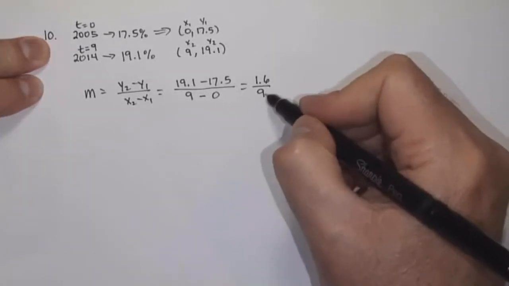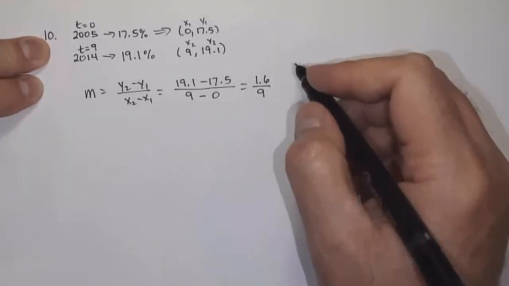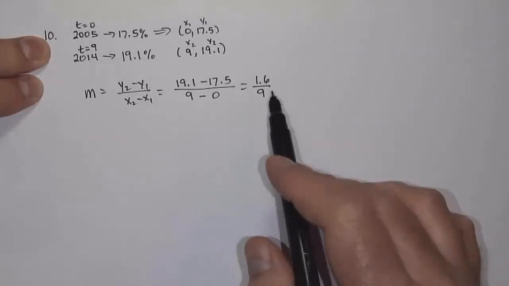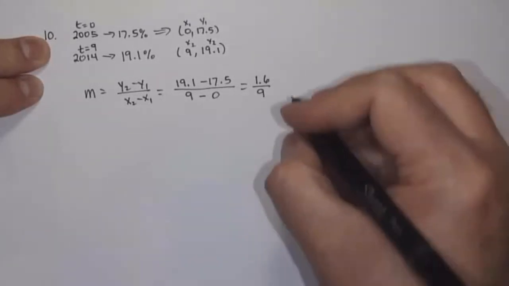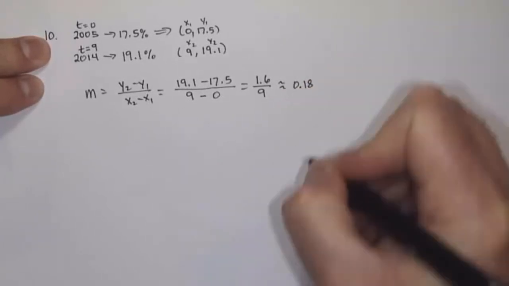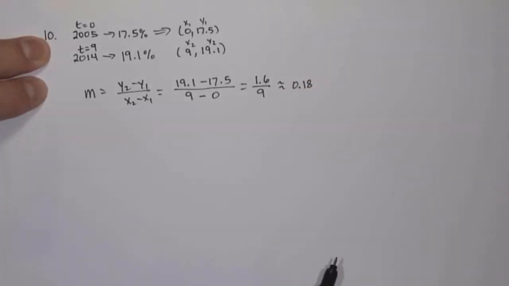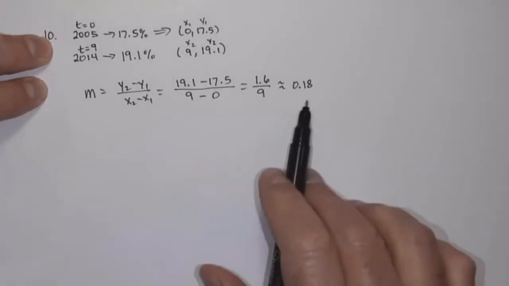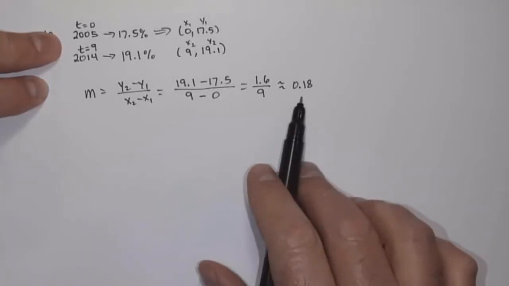And if we take 1.6 divided by 9, that is approximately 0.18 if we round to 2 places. So I know the slope of my line.